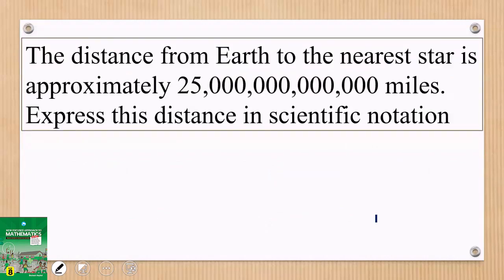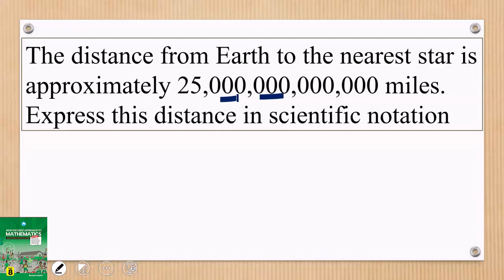So let's take an example like this. The distance from the earth to the nearest star is approximately, how will I call this one? Wow, big. Okay, let's see. So 1, 2, 3: this is million, this is billion, so this is trillion. So 25 trillion miles, because there's no number here to mention again. And I want to express this in scientific notation.